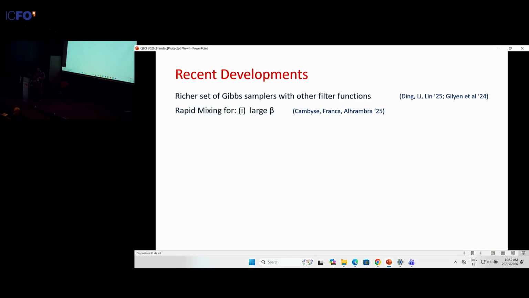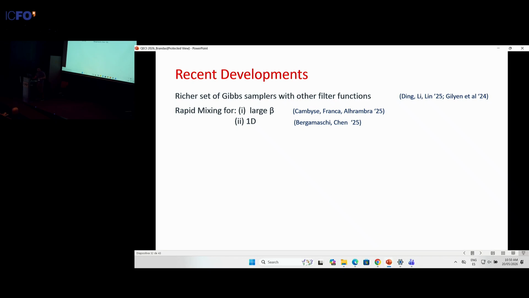And I just want to mention some recent work since these two papers that we posted a couple of years ago. So first, there is a richer set of Gibbs samplers with other filter functions, as I mentioned, which is interesting work. There's a lot of them, and we have a classification of them. There are also proofs of rapid mixing for some interesting cases, like, for example, for constant, large enough beta, every local model will have rapid mixing.